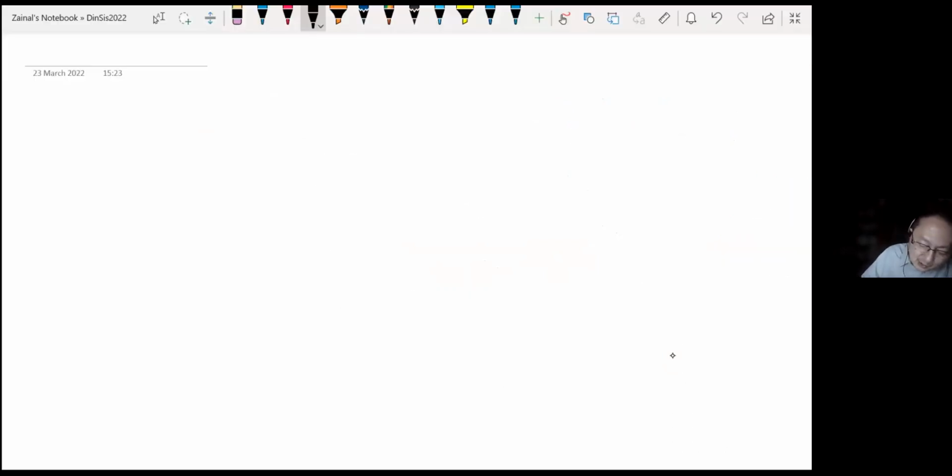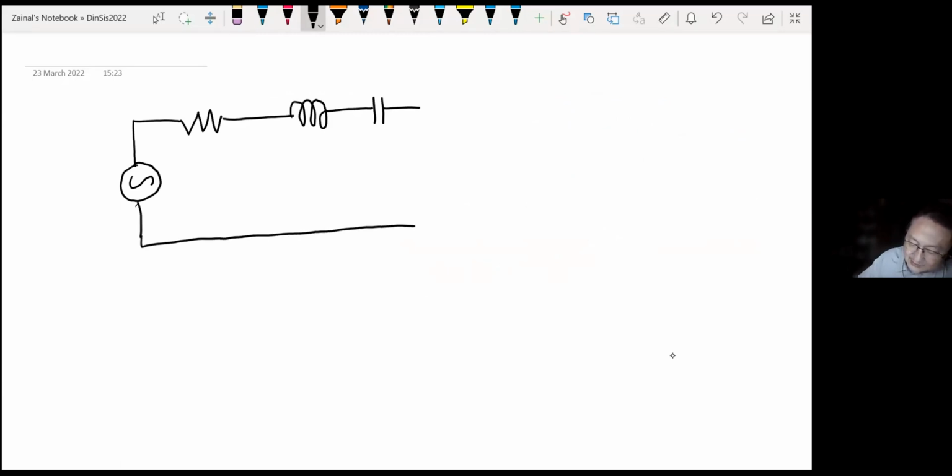If you have an AC circuit, something like this, this one is R, and this one is L, inductance, and this one is C, something like this, right?